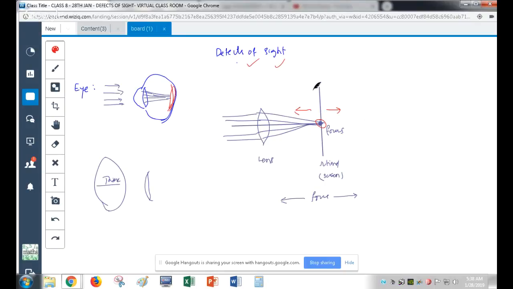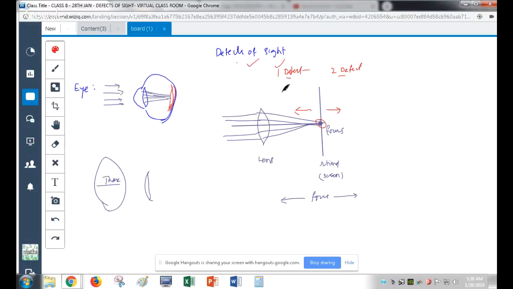Now let us consider this part and this part. This is one defect and this is another defect, defect 1 and defect 2. The focus going away is one defect, and the focus coming before is one more defect. These two defects we usually call short sight and long sight.